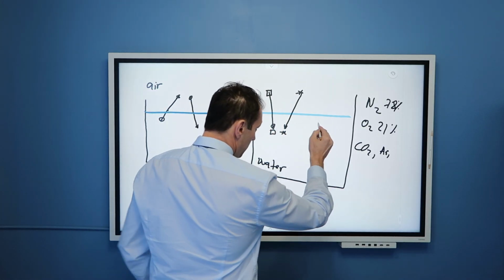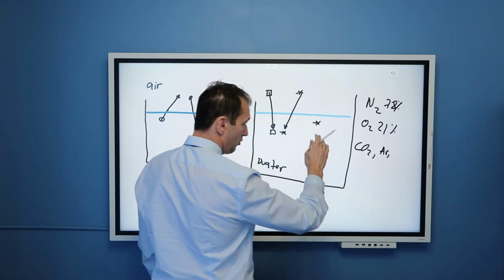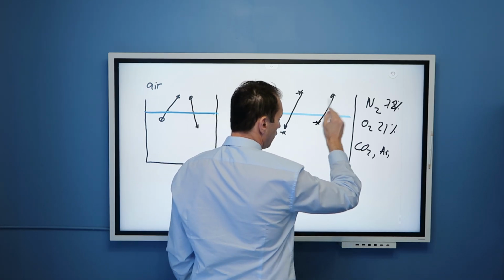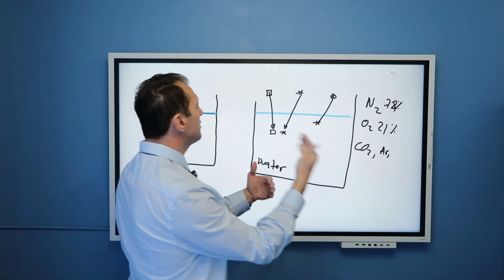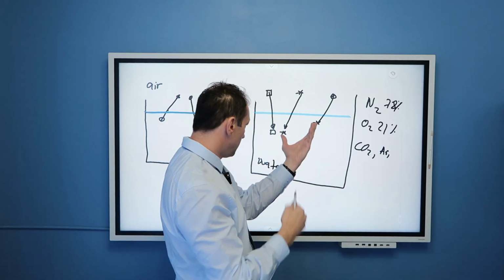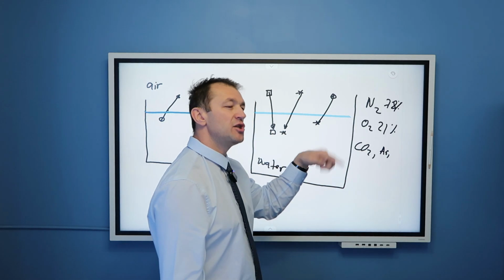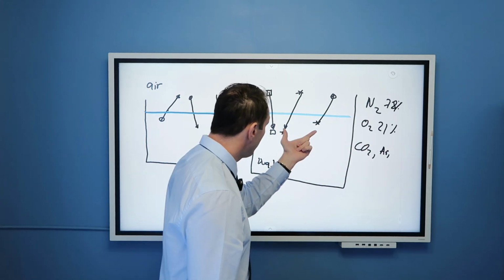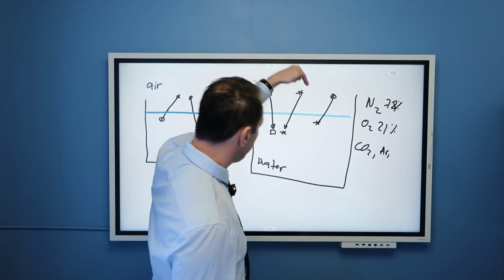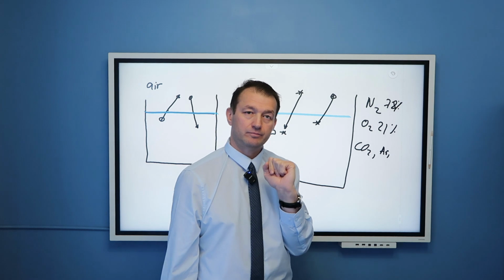So we would say that here we have dissolved nitrogen and dissolved oxygen in water. Similarly, if there is some oxygen over here in water, it can escape water randomly. So we would say we have equilibrium between dissolved gas in water, oxygen or nitrogen, and the concentration of that gas above water.